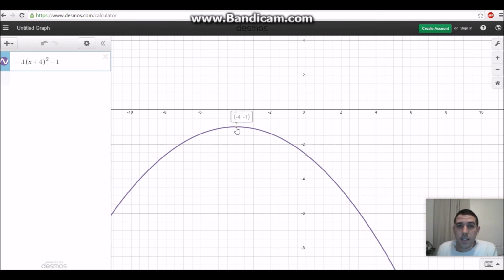It's been reflected, and it's been dilated to 0.1. All 4 transformations. So when we see these parabolas, we can describe them in all those different ways, and just by looking at this equation we can kind of picture what is happening to the parabola. Well, that's it, and I'll see you in class.